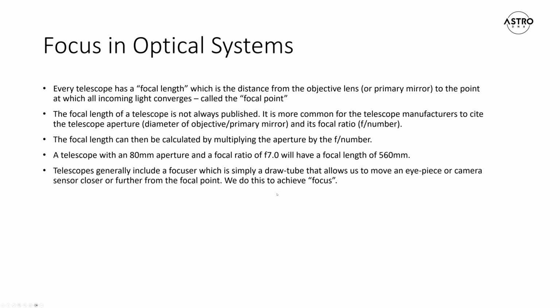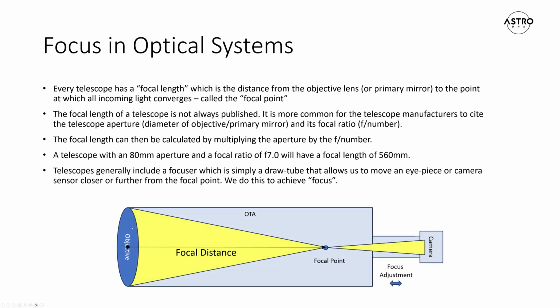And so it's best to illustrate this. So we have this objective lens, let's say it's an 80 millimeter lens, and from the back of that lens, we have an image path that converges down based on the lens design to some focal point.